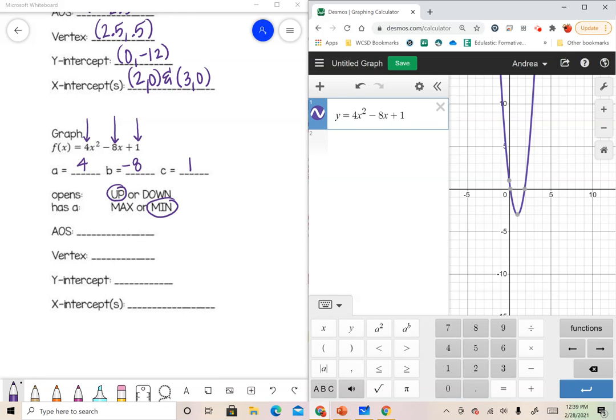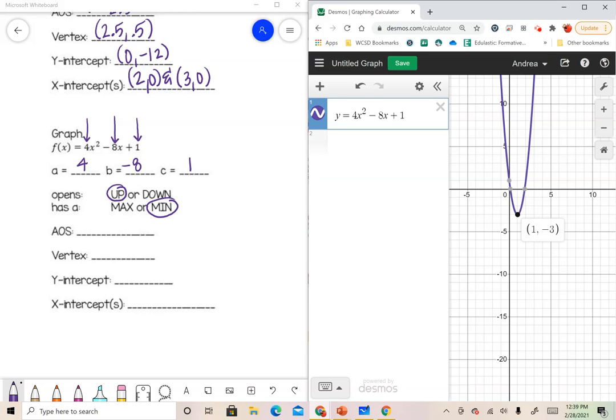Okay, let's go vertex first this time. Vertex is the lowest point since it opens up and it has a minimum. So my vertex is 1, negative 3. So my axis of symmetry is x equals 1.